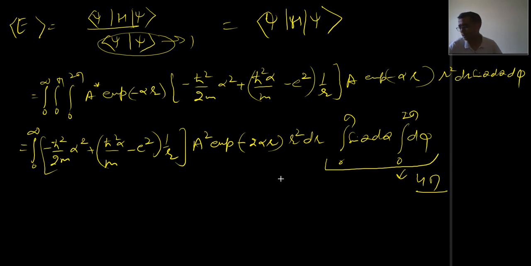And as we know that A² is equal to α³ over π. So let us use these two values here.